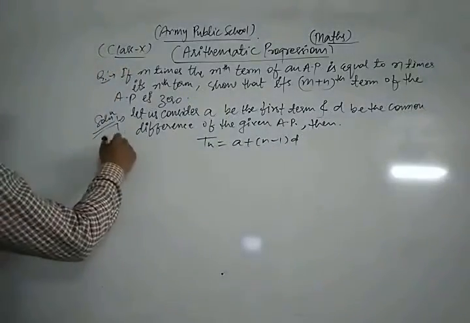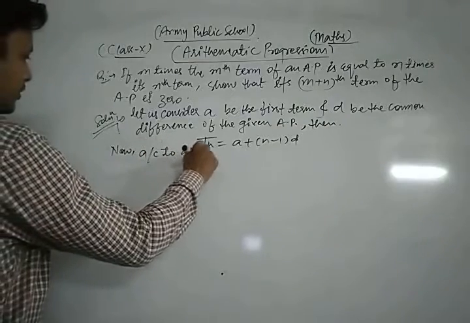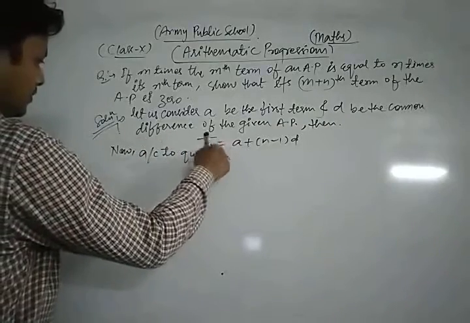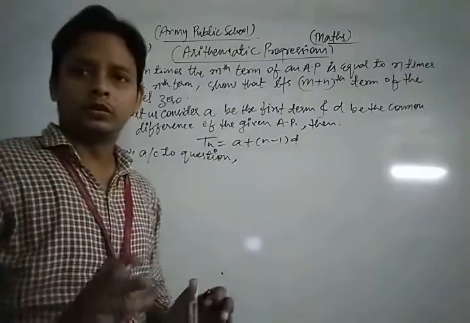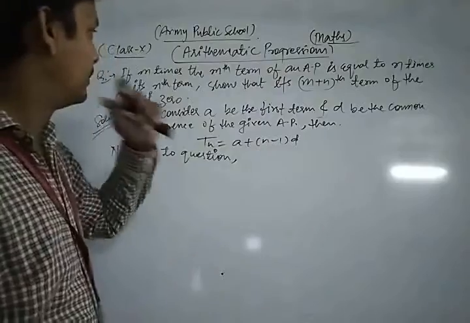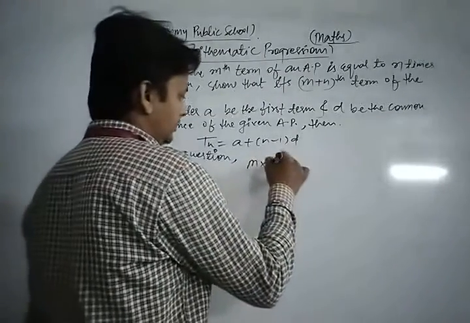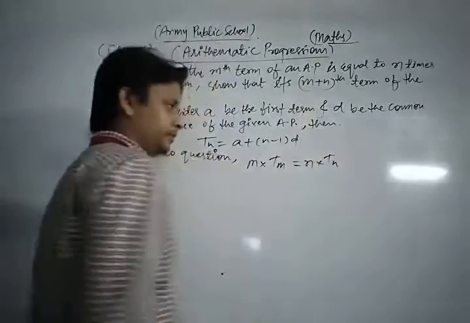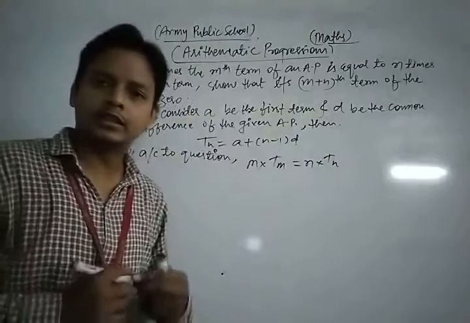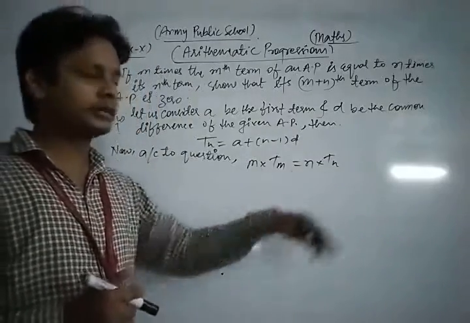Now, according to the question, m times the mth term is the same as n times its nth term. This is the condition according to the question.